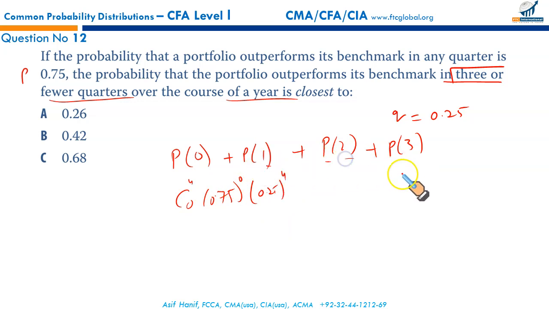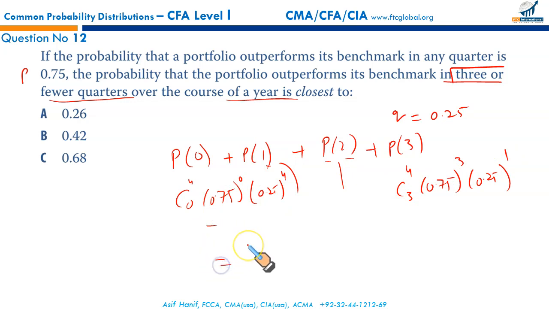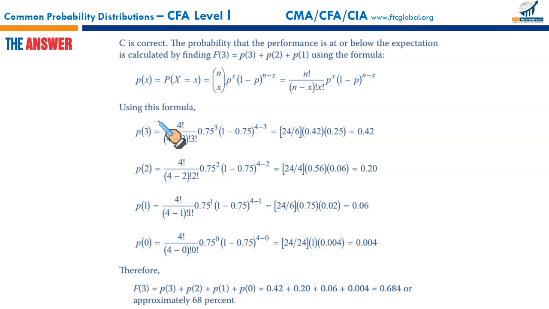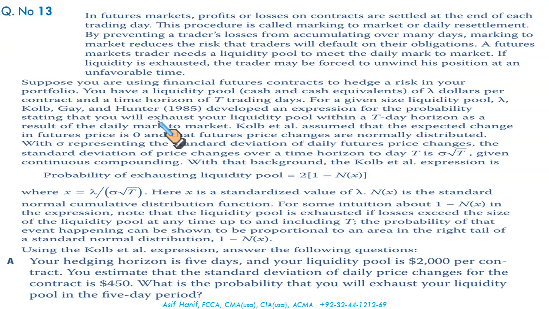And you will do the same for the others, and the last one will be 4C3, 0.75 raised to the power 3, and q, that is 0.25, raised to the power 4 minus 3, that is 1. So you will calculate this one, this one, this one, this one. If you add all these numbers, your result should be equal to 0.684 as given in the solution, and that would make C the correct option. Fairly straightforward question. You need to know how to apply the right formula in the right place, and there you go.